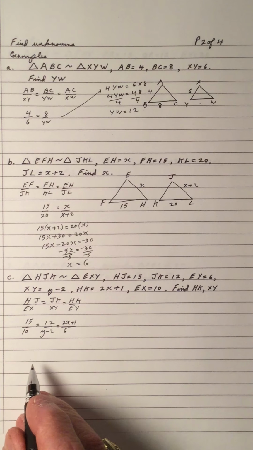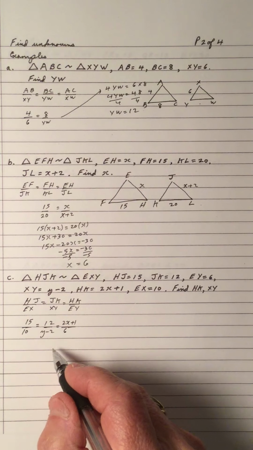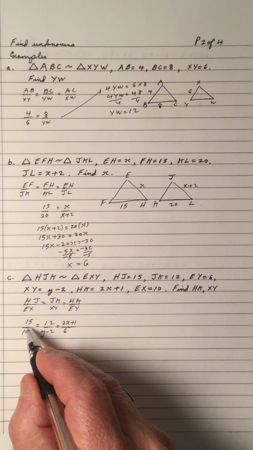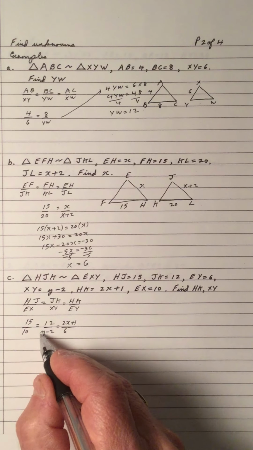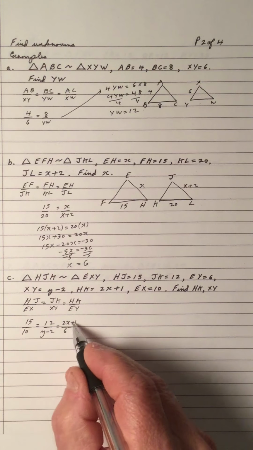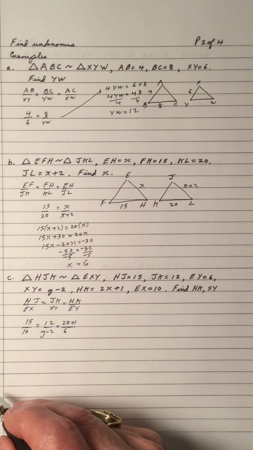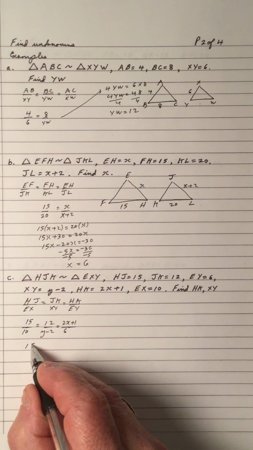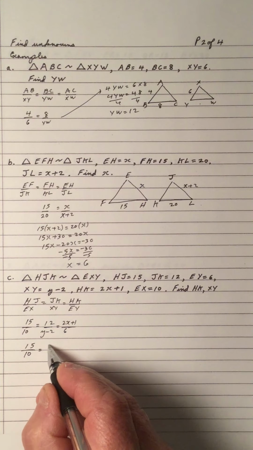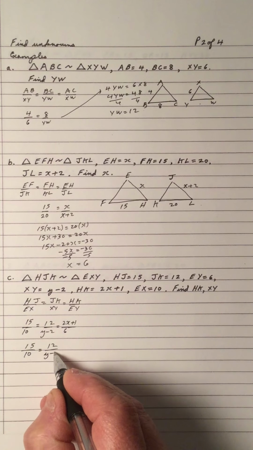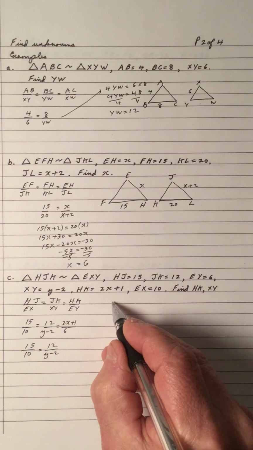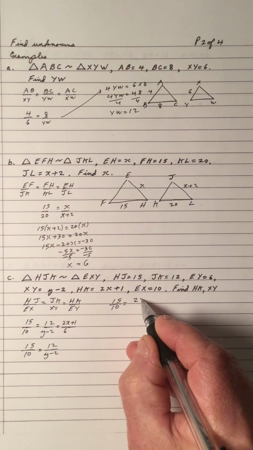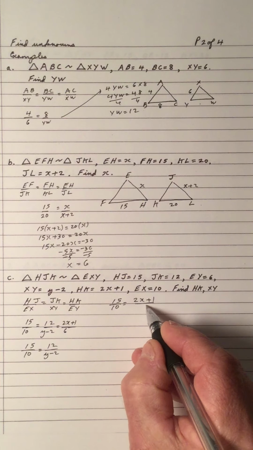Now, I have three equal ratios. We have 15 and 10 right here, so I'll use this ratio along with the Y, and then I'll use this ratio along with this one. So I can go 15 over 10 is 12 over Y minus 2, and I can also go 15 over 10 is 2x plus 1 all over 6.